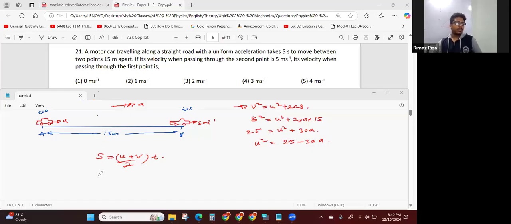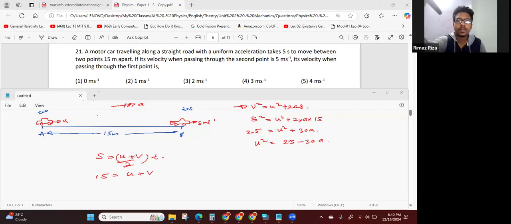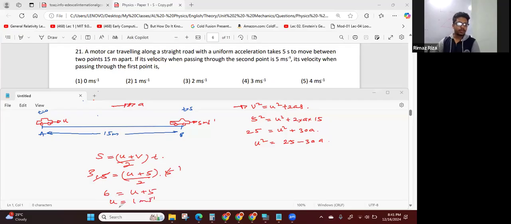So the displacement 15 is equals u plus v, v is 5, divided by 2, into time 5 seconds. Okay, so then therefore we have 5 into 3. Take this 2 to the other side, 6 equals u plus 5. Therefore u equals 1 meter per second.